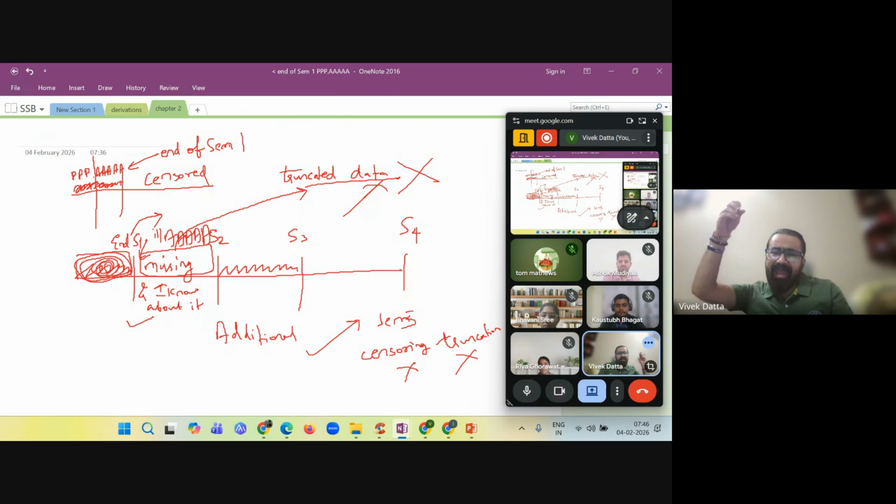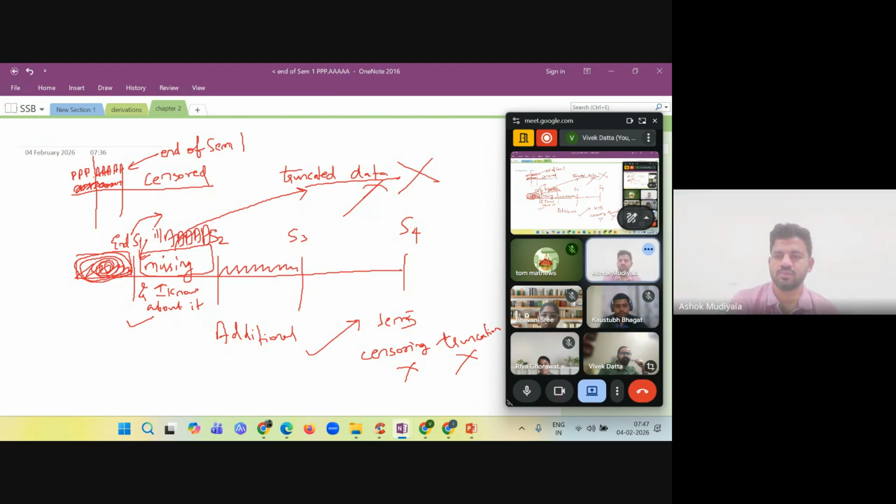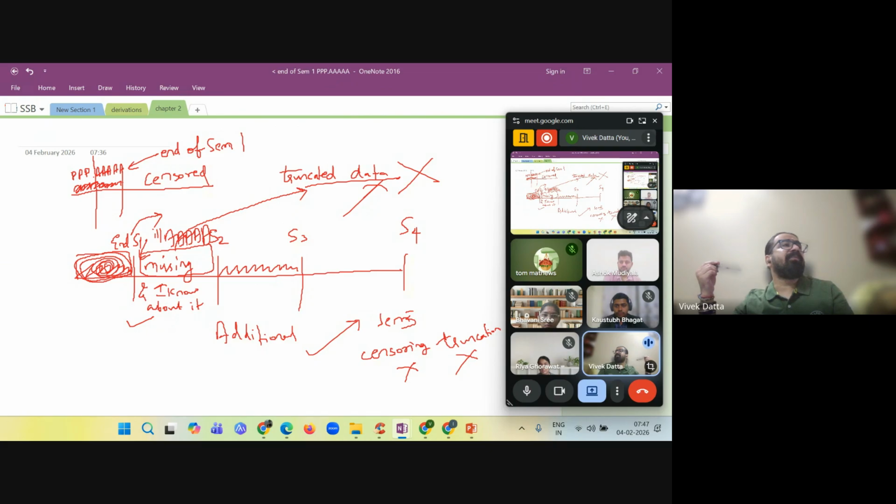Yes, having this additional data has nothing to do with him. Why? Because I've gone to the other specialist after that. In the real life example, I didn't go to him only. So am I even part of the experiment? Yes, Ashok. No. I am not part of this experiment because the experiment starts after discharge.